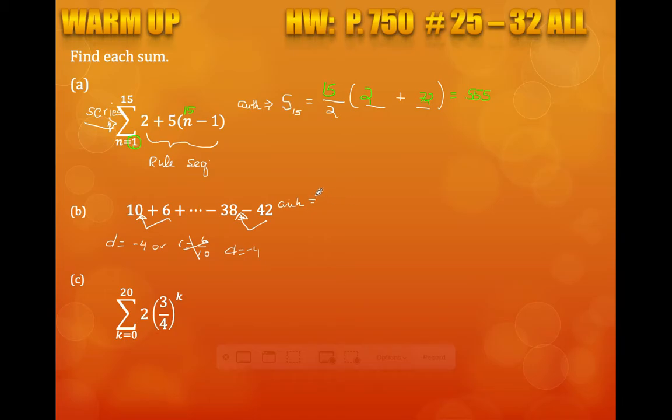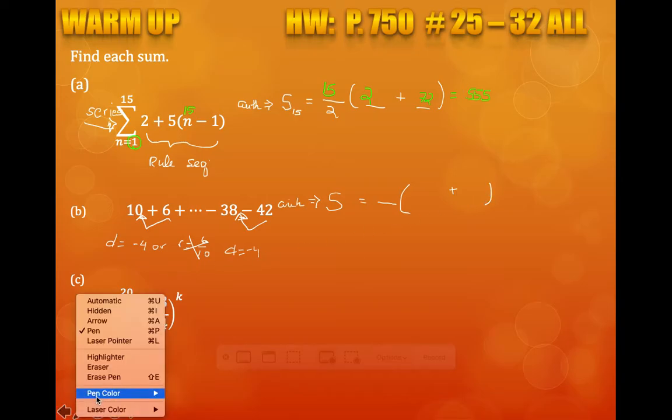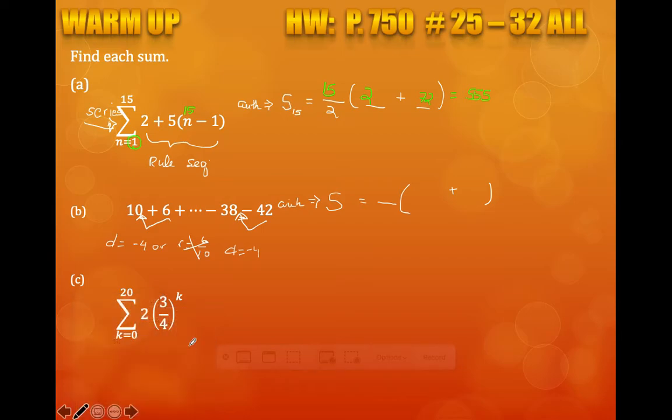So I need to use the same formula I did up above, S sub n. Uh-oh, I already have a problem, don't I? So in this case, what can I put in? Well, I should have in white put the 2, right? The 2 is always there.